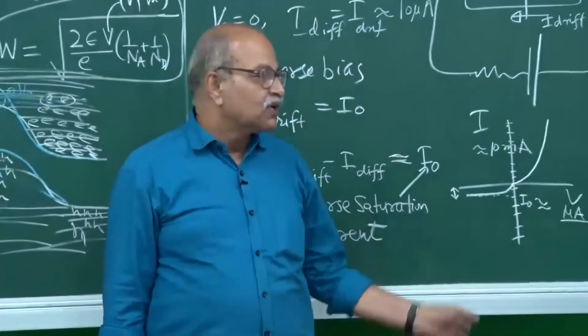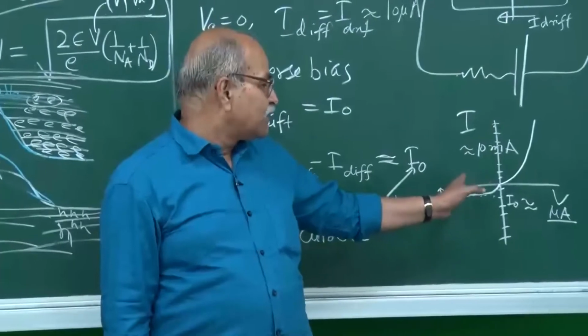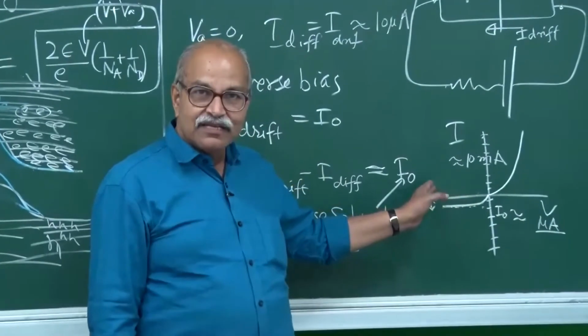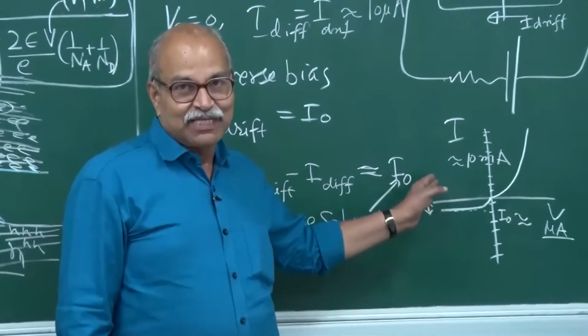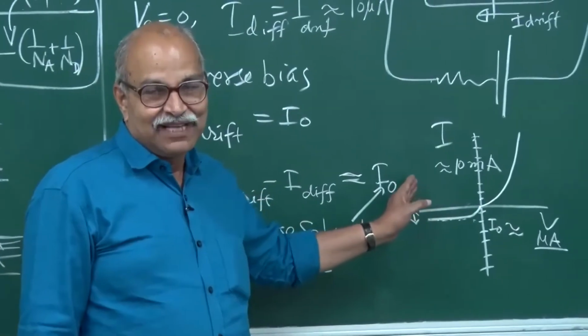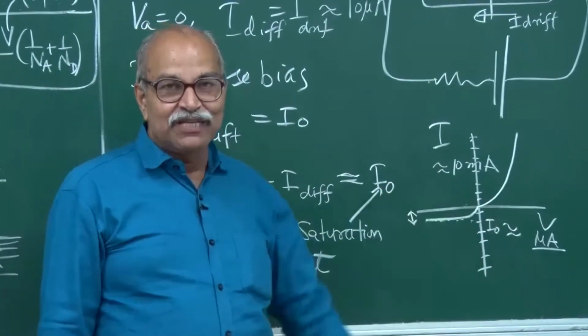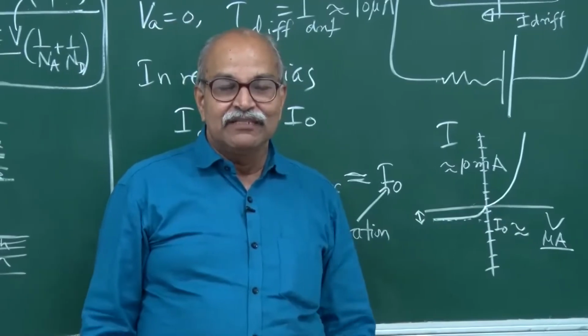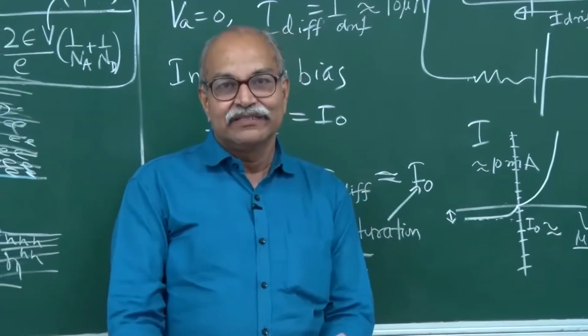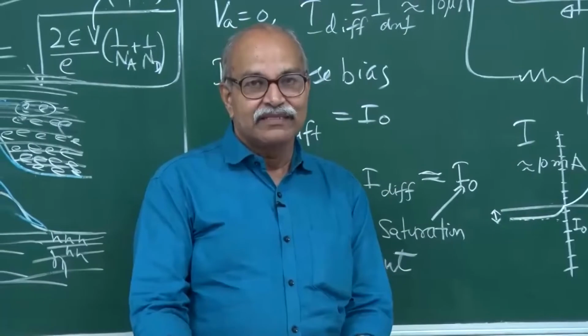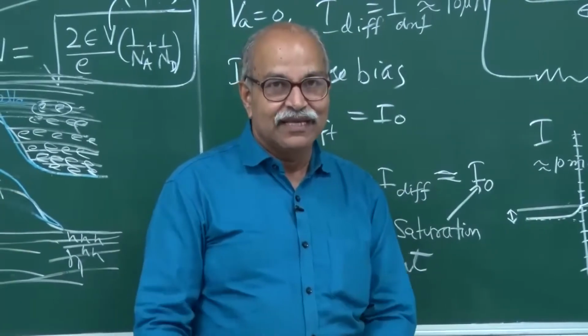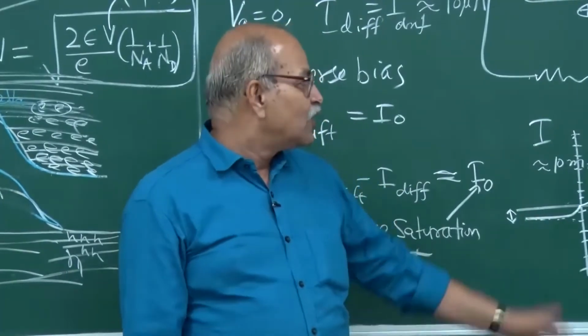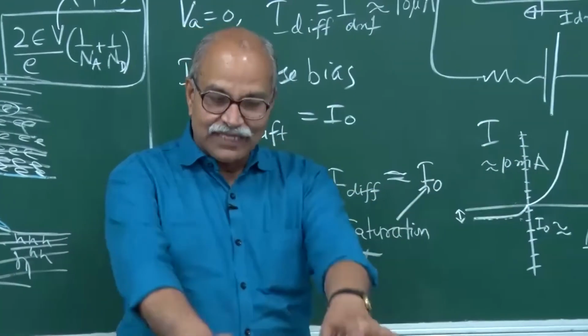Before talking about what happens if I apply very high reverse bias, I told you that there will be some problems if I apply very high reverse bias. But before going into that, let me show you this forward bias and reverse bias on a PN junction and see how the currents vary qualitatively on the table.